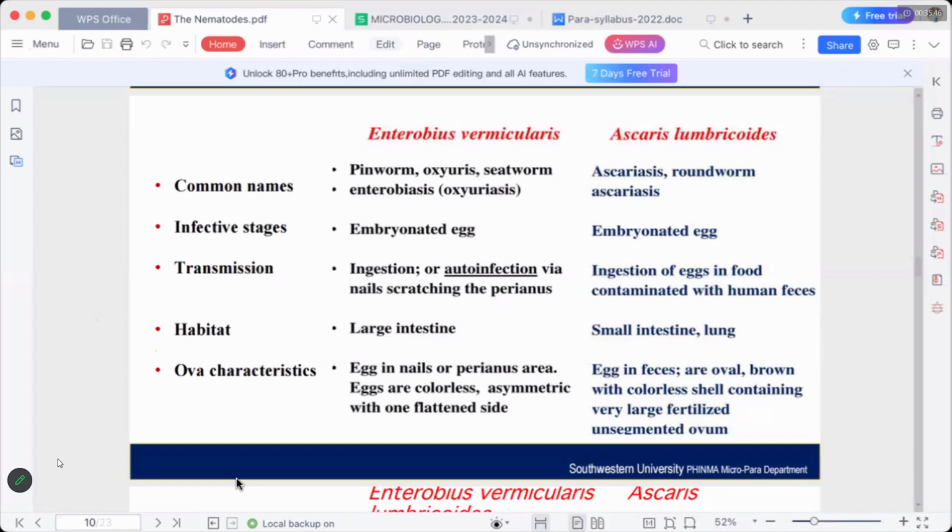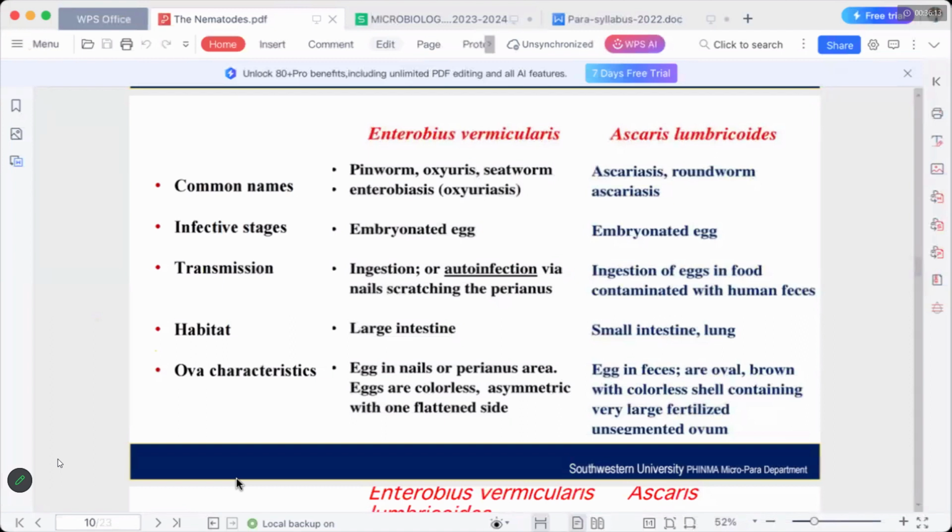This is a very common parasite, especially in toddlers. But you can also see this in the adult human, especially those living in very remote areas, for example the Badjao.